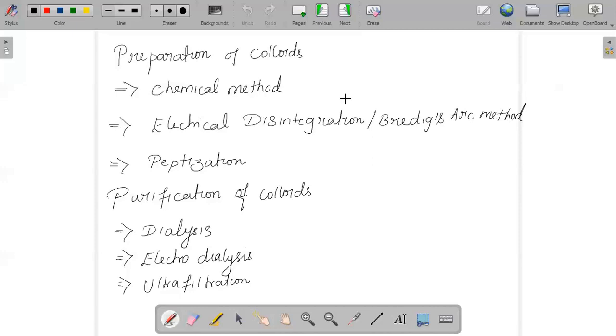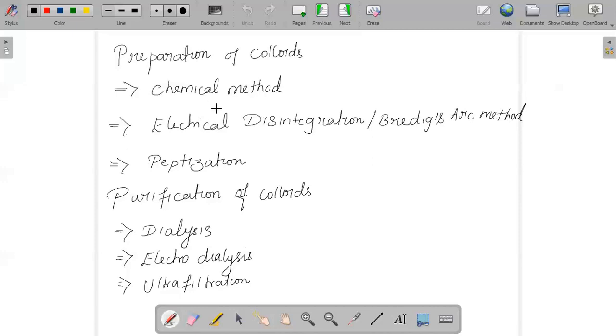One method is the chemical method. When we say chemical methods, colloids can be prepared by a chemical reaction, through double decomposition, oxidation, reduction, or hydrolysis. Different reactions can take place to form a product, and that product should be a colloid.